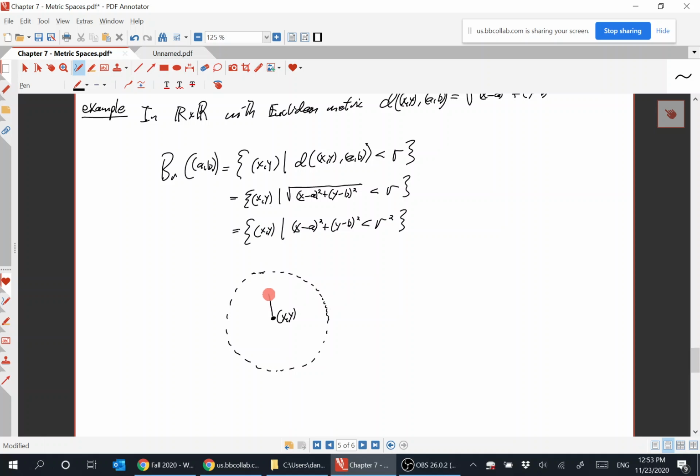All right, and so this distance here is r. And so we're talking about everything inside this circle here.